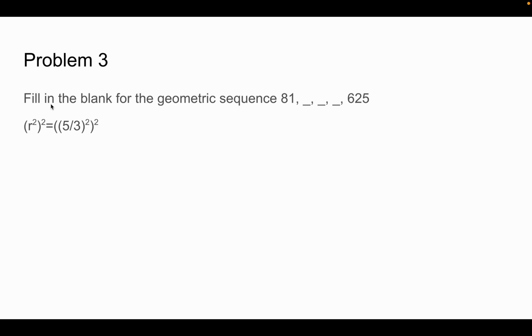The reason why is because when we take the square root of an equation, we have to have a plus minus. Because if we had, for example, x squared equals 1, x could be 1 or negative 1.